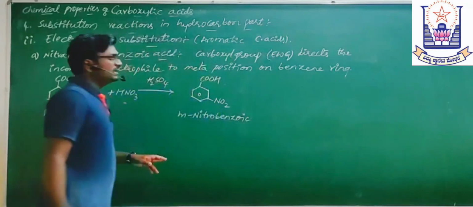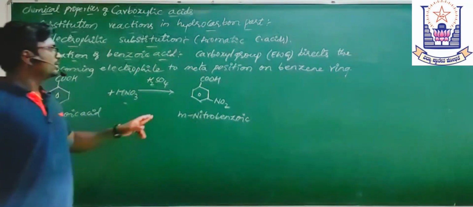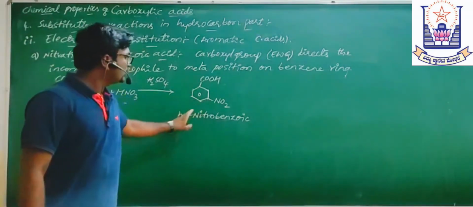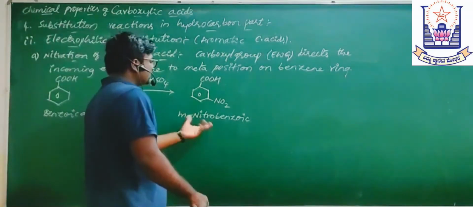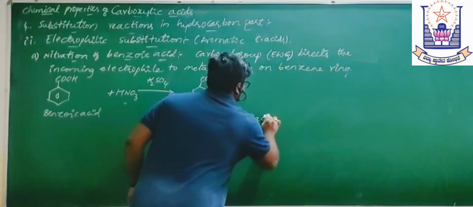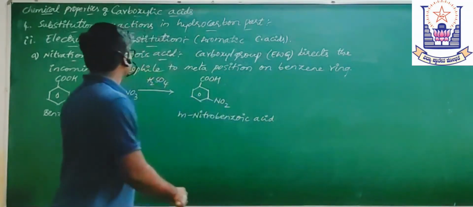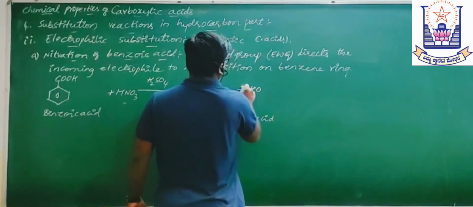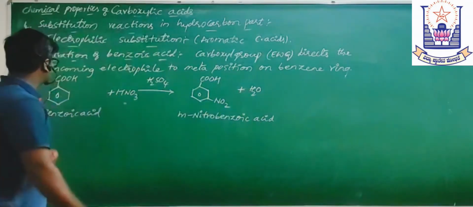Meta is the system used in the common names. For 1, 3 positions it is called meta. So it is meta-nitrobenzoic acid, and here the byproduct will be H2O. It is an electrophilic substitution.